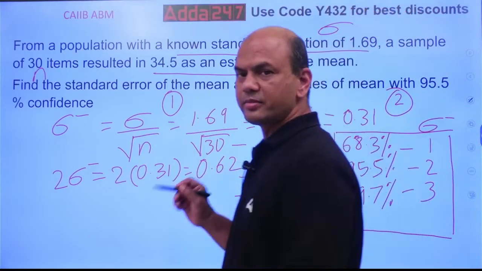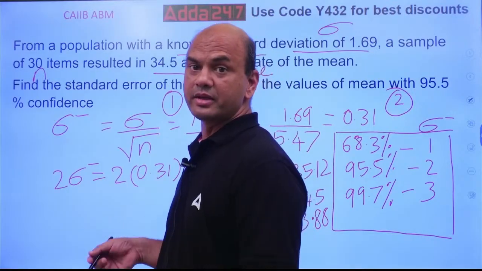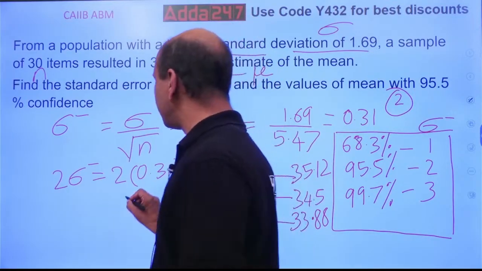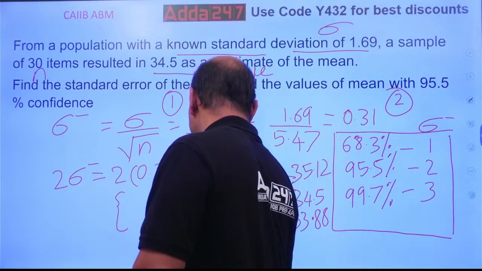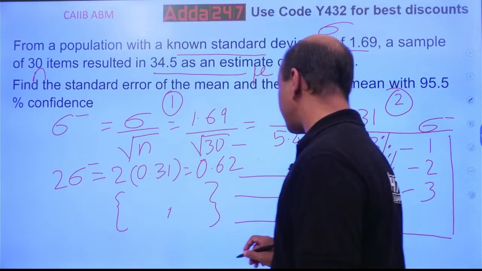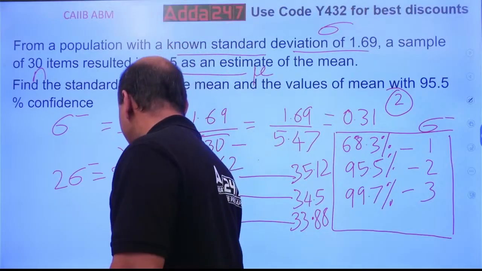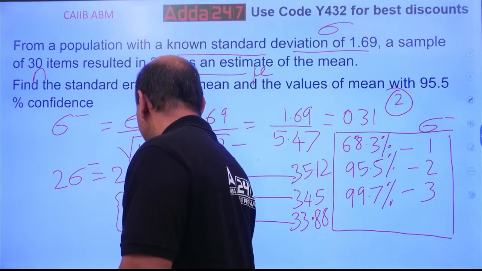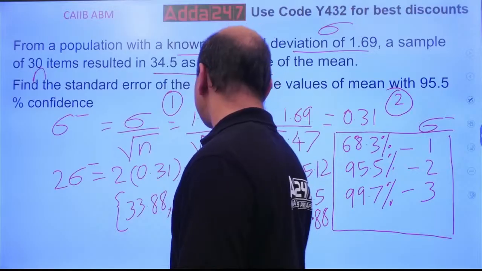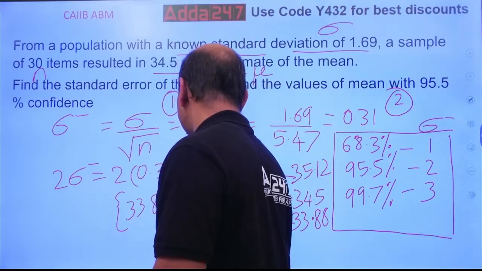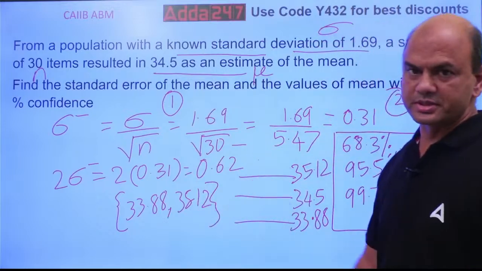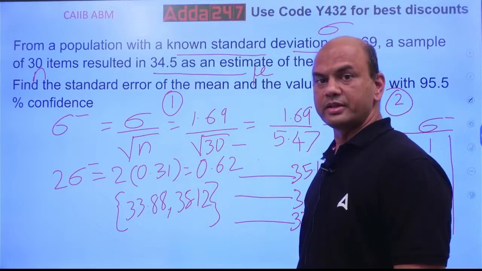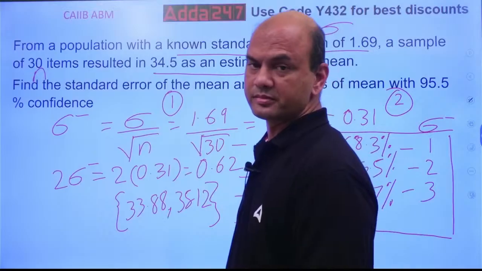So in the exam, how will the answer be? Options will be given, and in one of the options you will have this bracket. This side it will be 33.88 and this side it will be 35.12. So this is your answer. This will be one of the options. Okay, this is how we will be solving it.